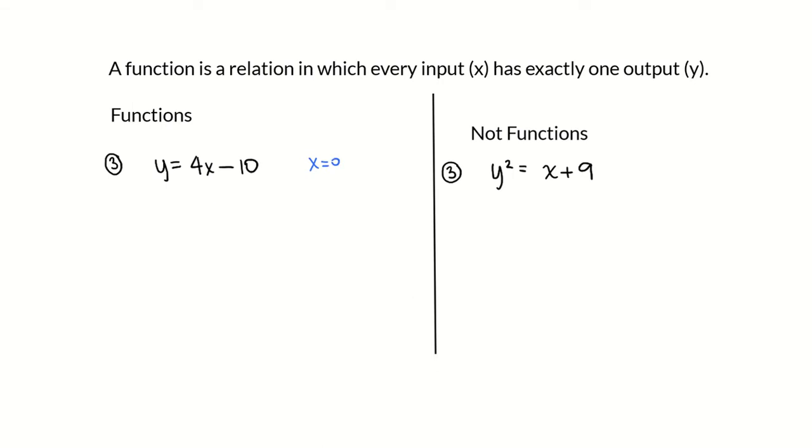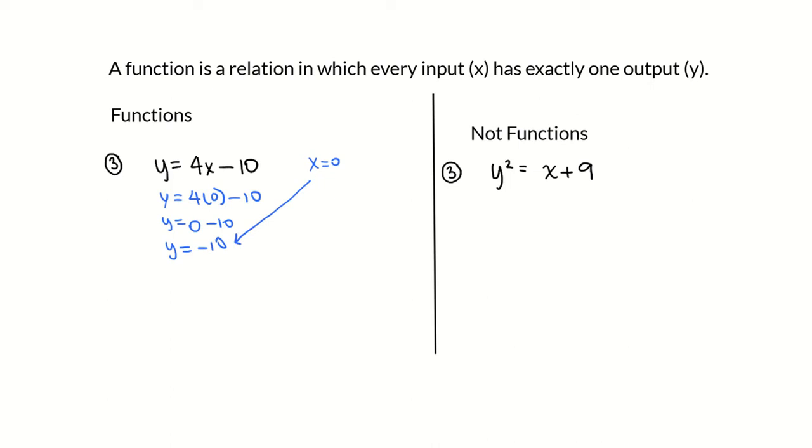That would give us y equals 4 times 0 minus 10, or y equals 0 minus 10, so y equals -10. Since the x value, x equals 0, gave exactly one output, y equals -10, this is a function.